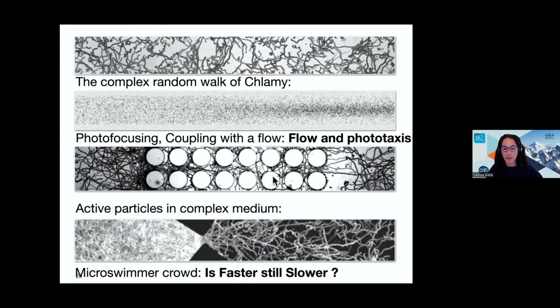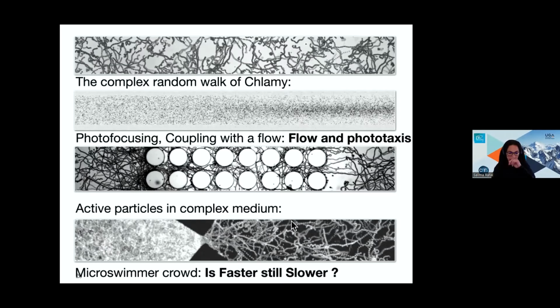Here are some pillars. What we can deduce from this is the idea of having general properties of this active matter in a more and more complex environment, in a simple flow pattern environment. And if I have time, I'll go to recent results on the dynamics of a crowd of microswimmers that I will show you.